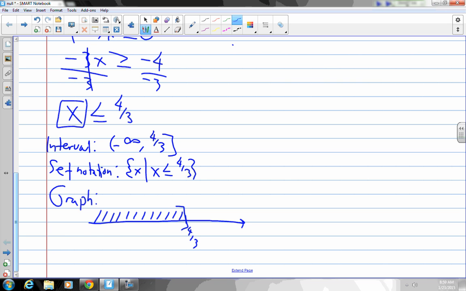If I had a function like this, don't write this down, z equals f of x y, so I'm just freaking you out right now. That's a three-dimensional object, so you have a z-axis. So now x and y are my independent variables, and z is the dependent variable. And then I ask you to find the domain of that. So for example, don't write this down, but let's say we have, I don't know, something like 1 over x squared plus y squared.